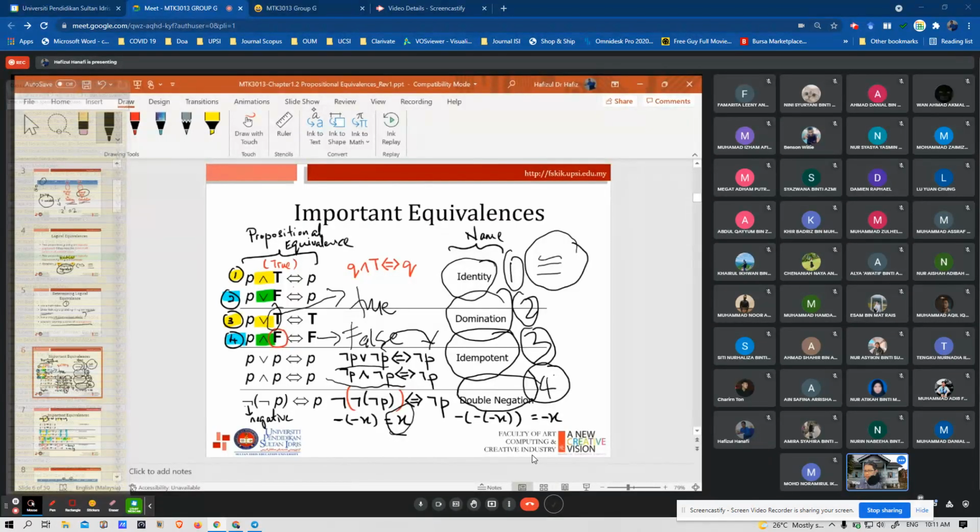It's the double negation law. We have the identity, domination, and idempotent laws, which are equivalent to the same output. Okay, simple.